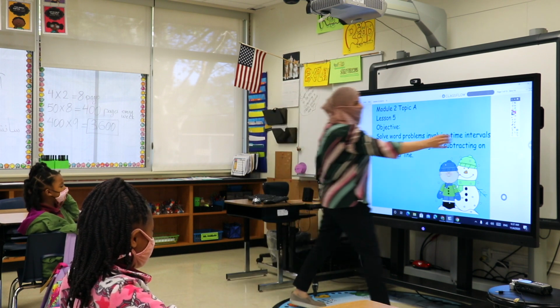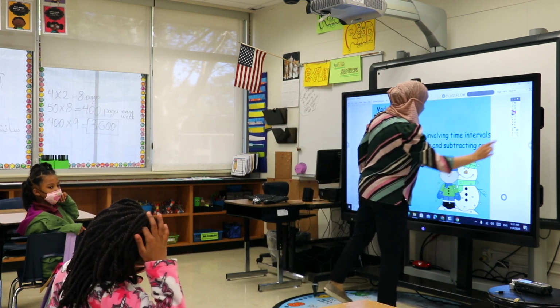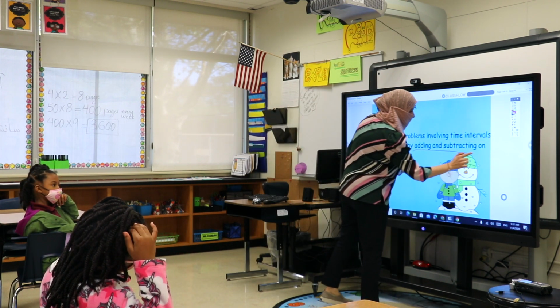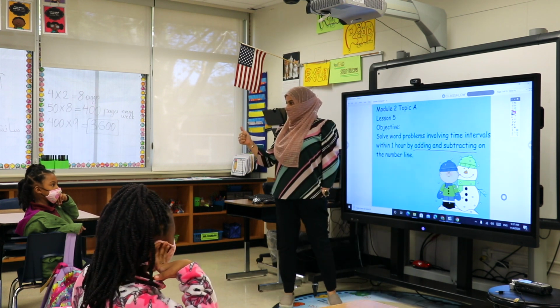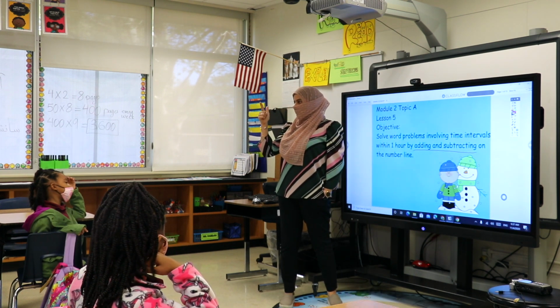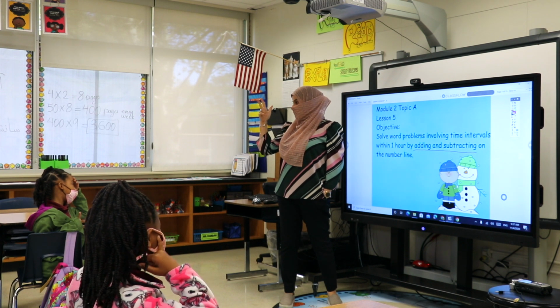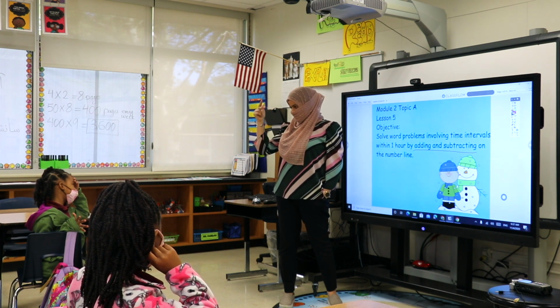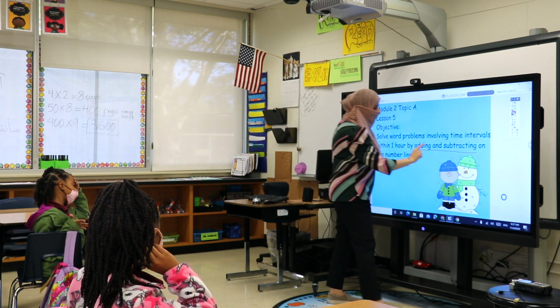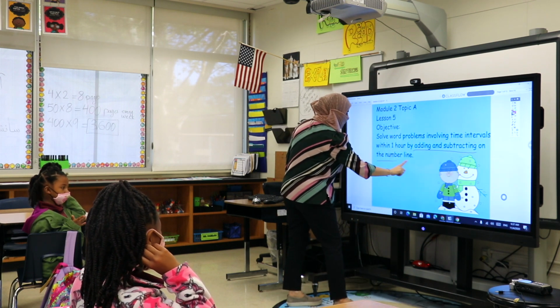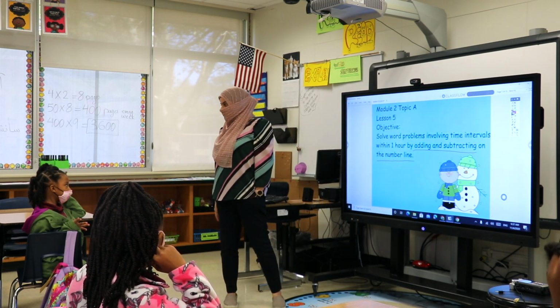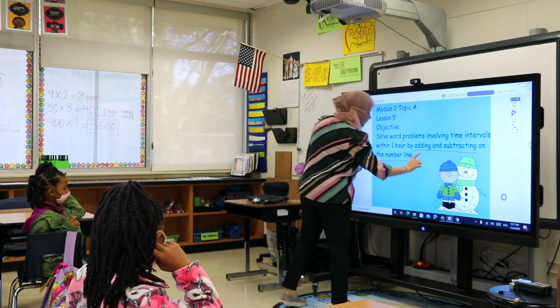Now, if we're talking about adding and subtracting, what is that? This is a strategy, a model, or an equation. If we add and subtract on the number line, that means what? This is our strategy.